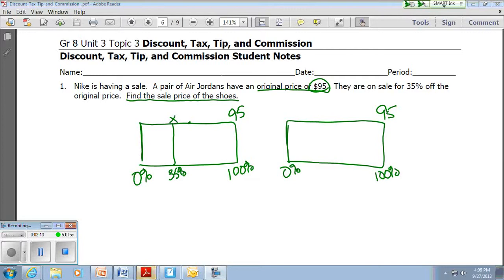And the way to set up that proportion, I could go this direction, or I could go this direction.